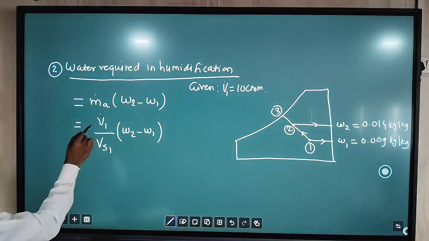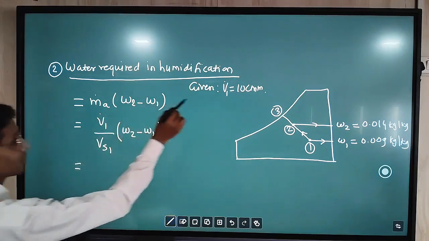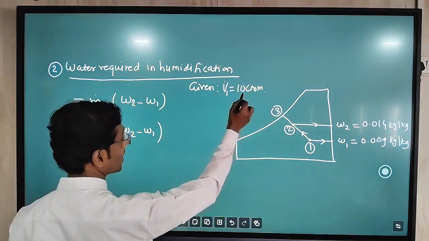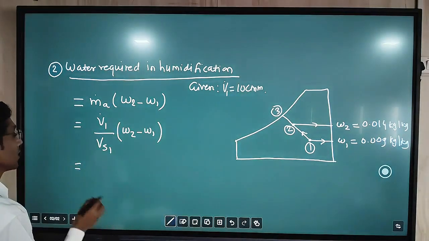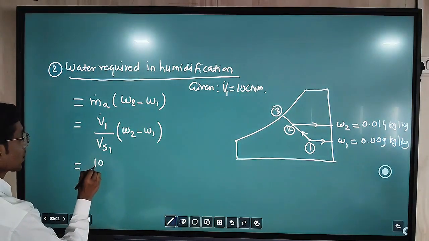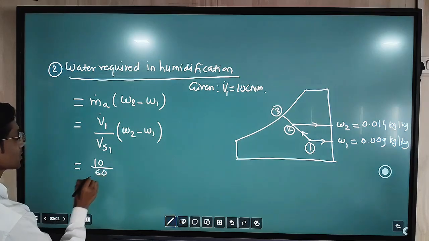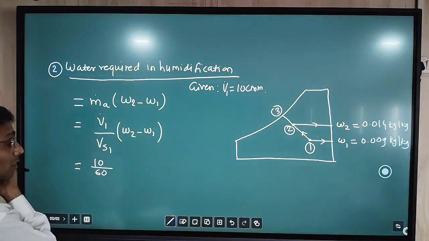So now value of V1, that is the air supply given, is given in 10 cmm, means meter cube per minute, means we have to convert that value in meter cube per second by dividing it by 60.